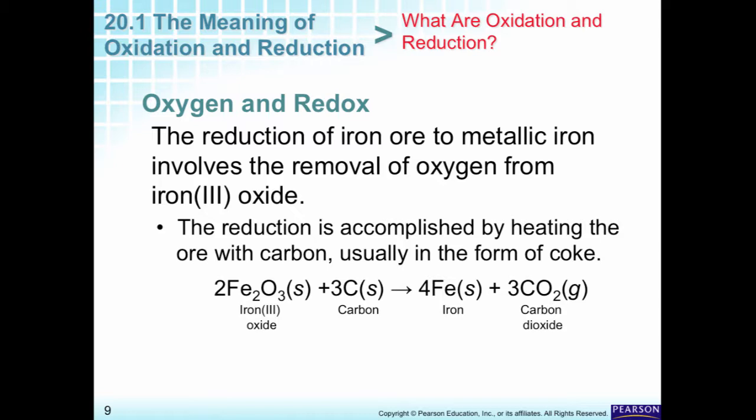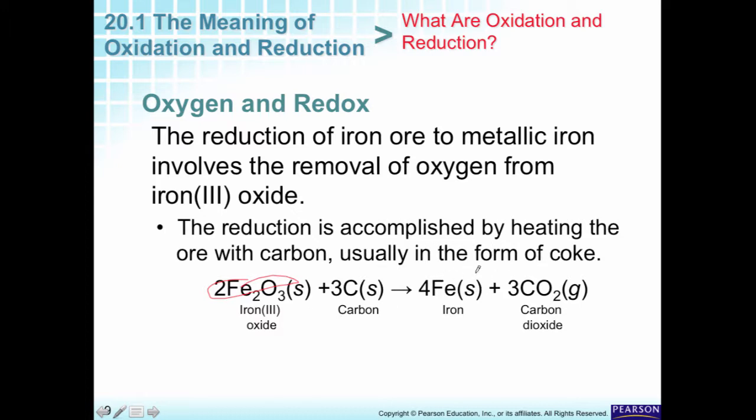So here we have, for instance, let me do it this way. Here we have the Fe2O3, which has the oxygen in it, and it's being released here.